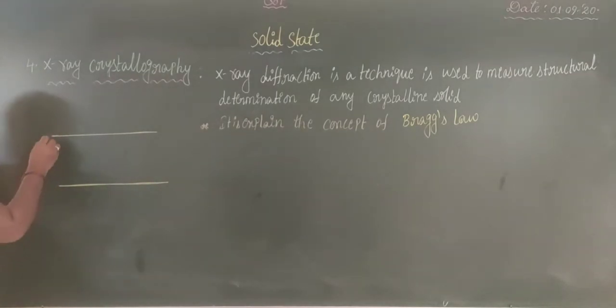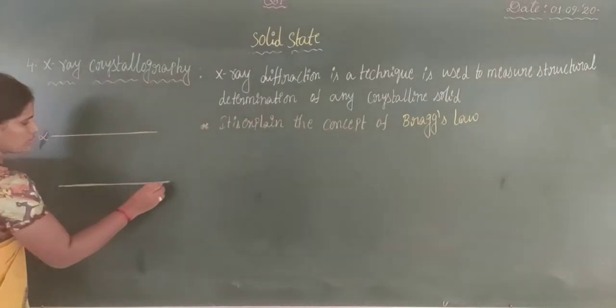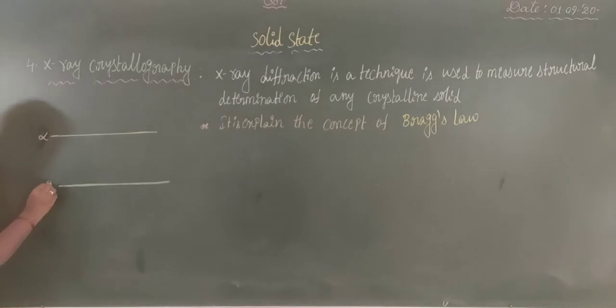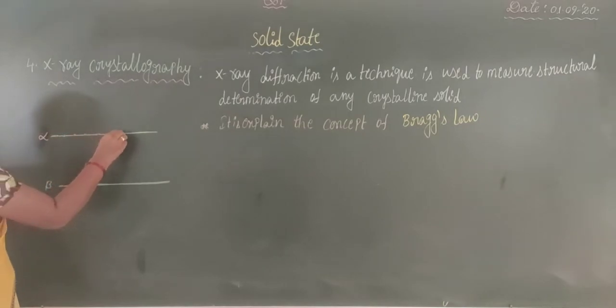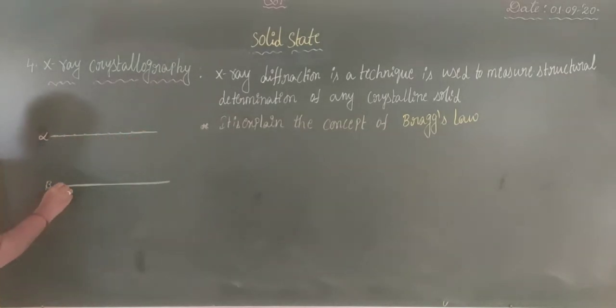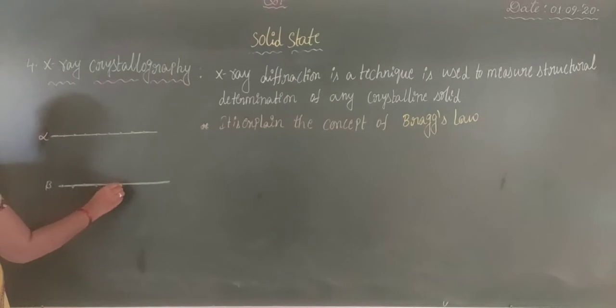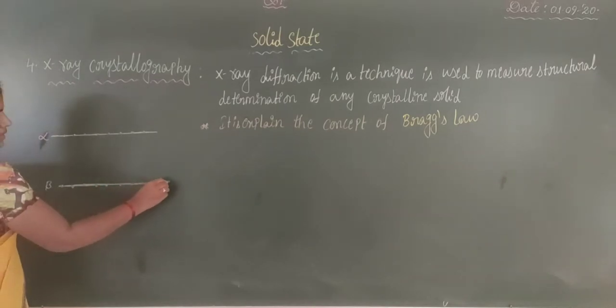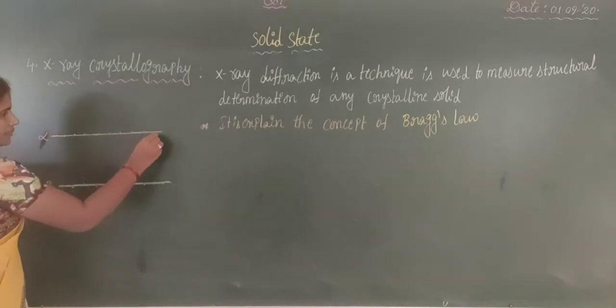The first layer is denoted by alpha, and the second layer is represented by beta. Particles are present in these solid layers.